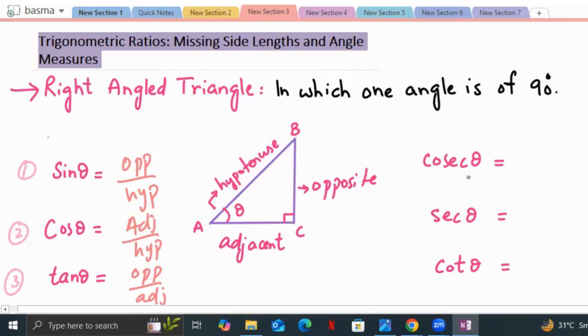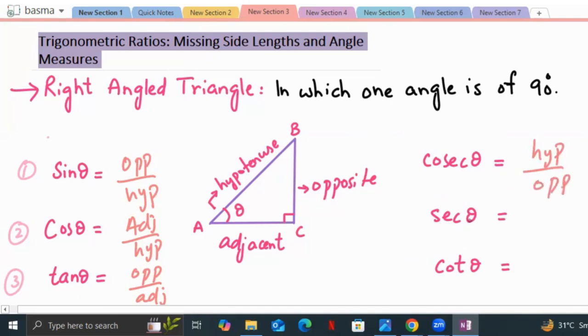Now let me tell you the reverse. Cosec theta, secant theta, and cotangent of theta are basically the reverse of these trigonometric ratios. The reverse of sine theta is cosec theta. If sine theta is opposite over hypotenuse, then cosec theta is hypotenuse over opposite.